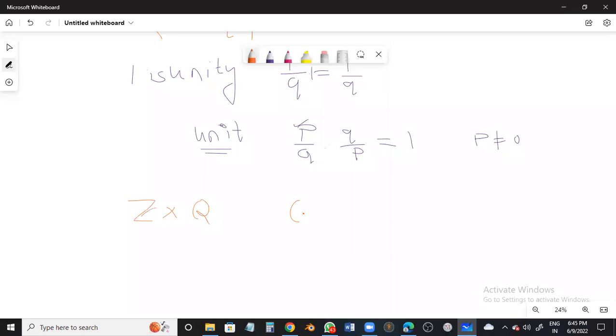You know very well, plus minus 1 comma P by Q. Once I write plus minus 1 comma P by Q, are they invertible?